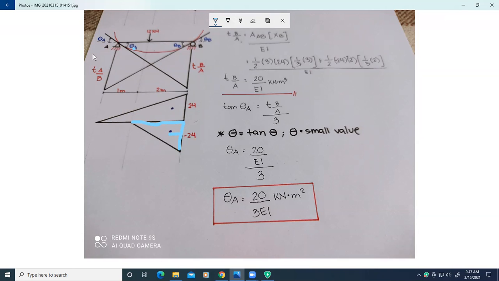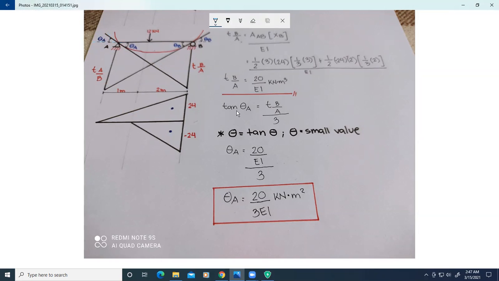To solve for theta A, note this angle here is equal to the angle here because of the property of vertical angles. So theta A here is also theta A here.